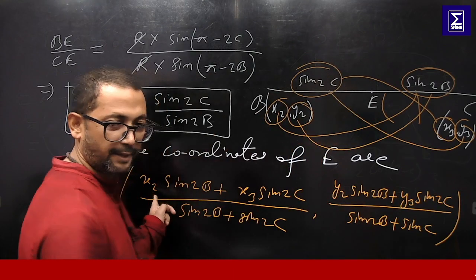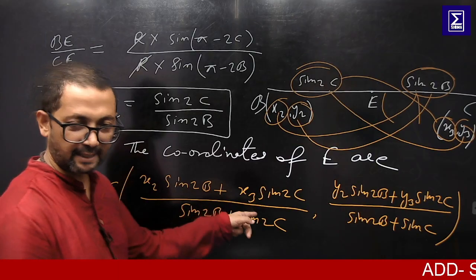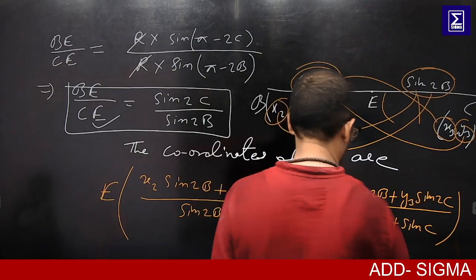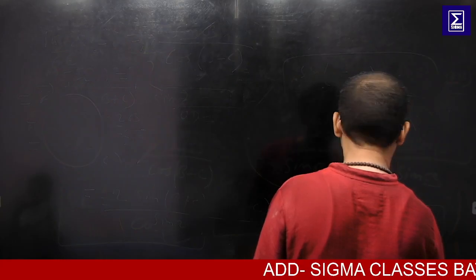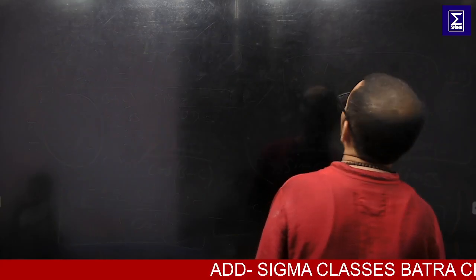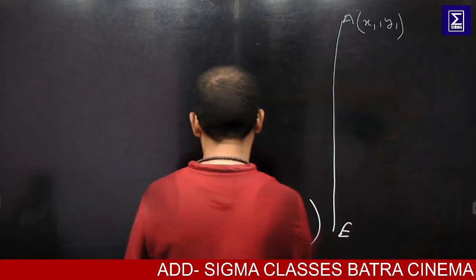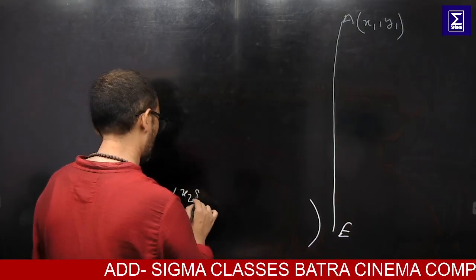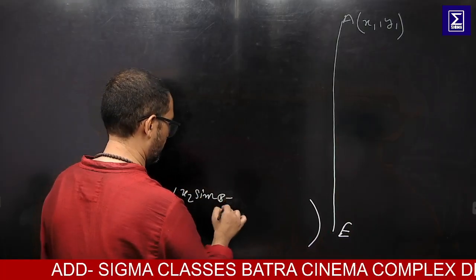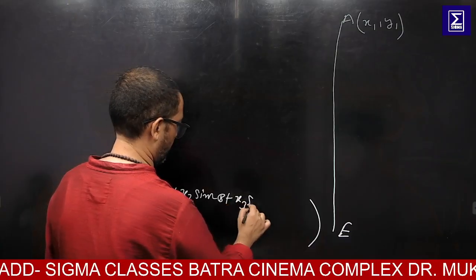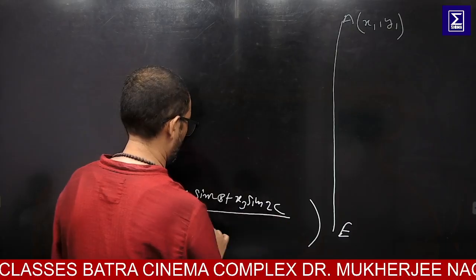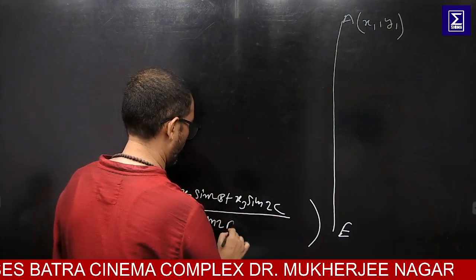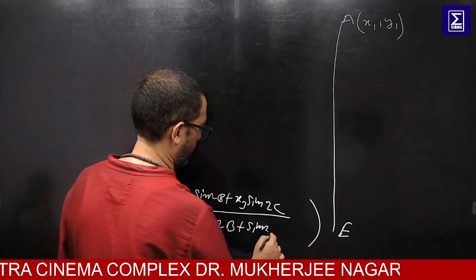This is x2 sin 2B plus x3 sin 2C upon sin 2B plus sin 2C.